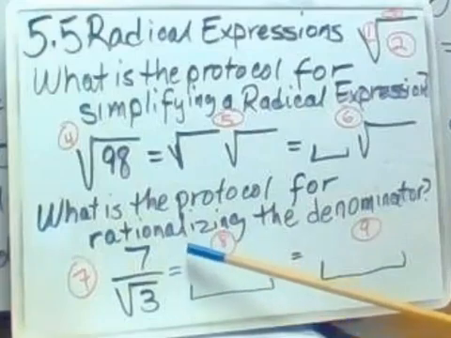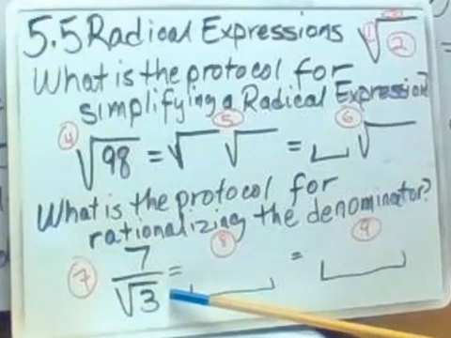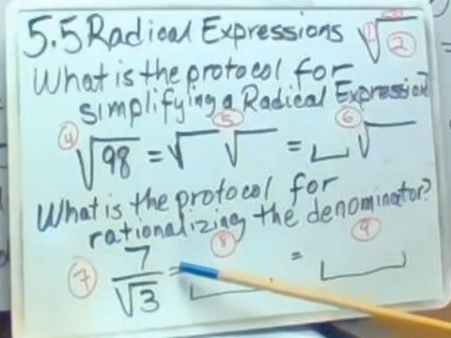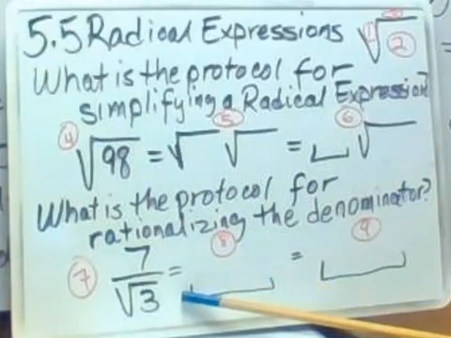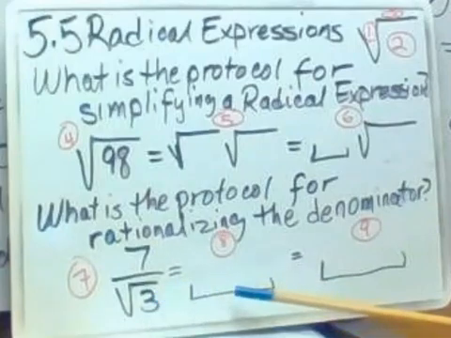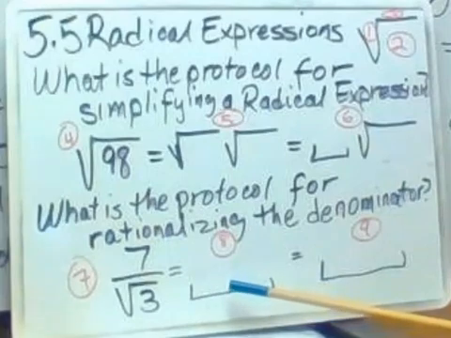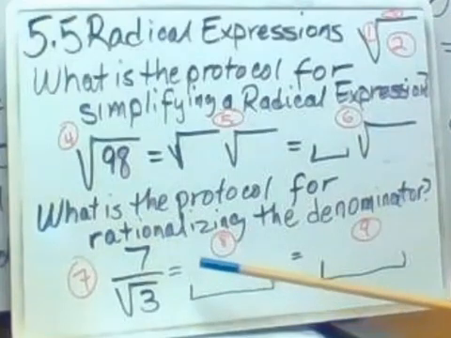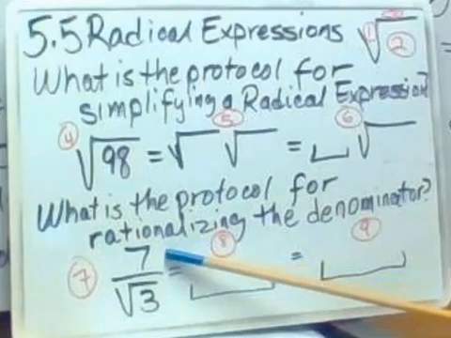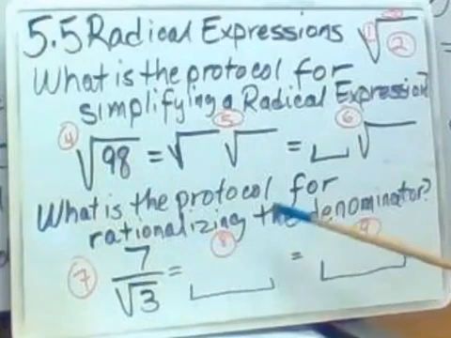So the most obvious form, and again, this relates to our lesson, is the square root of 3 over the square root of 3, which is a 1. Now, the square root of 3 times the square root of 3 here gives you the square root of 9, which is 3. And then here, I should say 7 times the square root of 3 is 7 square root of 3.